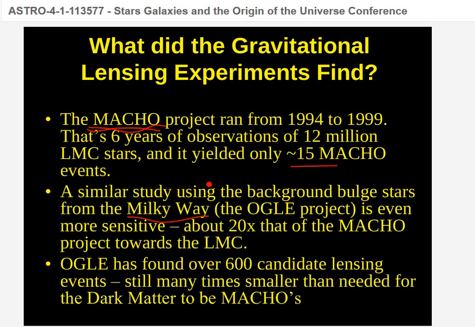And because we're towards the center of the Milky Way, and because the dark matter from our rotation curves does seem to be denser in the middle of our galaxy, and of course it's pretty hard to imagine why it wouldn't, no matter what it is, be denser towards the middle of the galaxy, they expected a much higher event rate. And they had much higher sensitivity, and so they should see lots and lots of events.